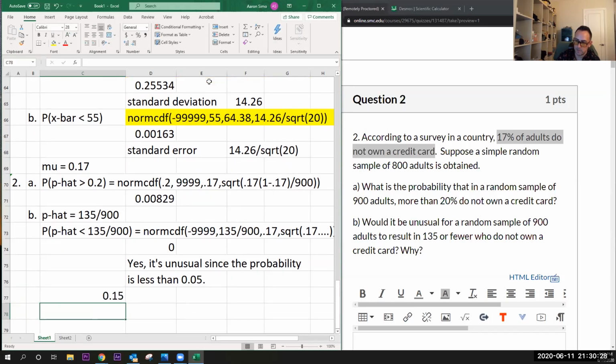15%. Hold on. Does this make sense? No, it can't be 0, because 135 over 900 is 15%, and that's closer to 17 than 20% is. So the probability should be bigger than 0.00829, right? Could this be wrong?